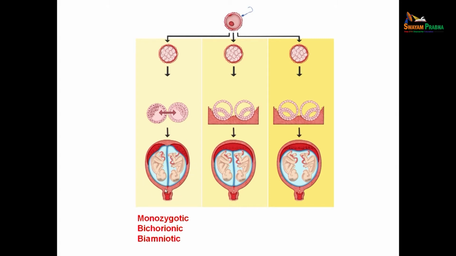That means they are having different chorionic cavities, and it is also known as biamniotic because the fetuses are not sharing their amniotic cavity. The second variety which we discussed was known as monozygotic, monochorionic and biamniotic. What does that mean? They are having a single chorionic cavity, but the amniotic cavities are different.